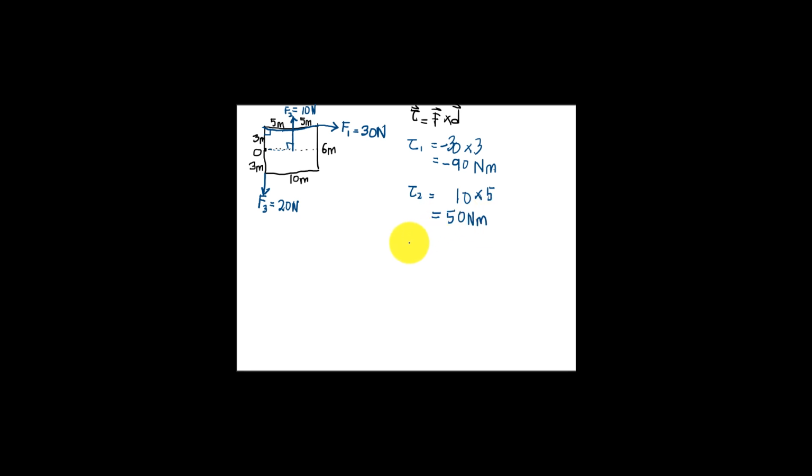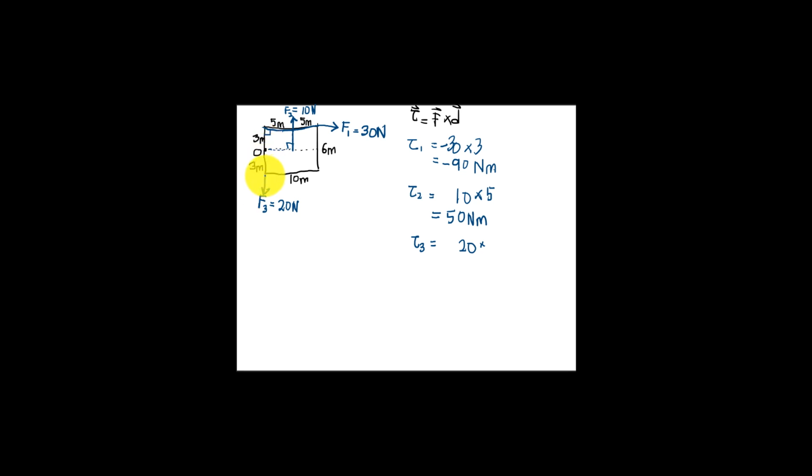Now is the torque from force 3. We call it torque 3. The amount of force is 20. We have to determine the distance from the axis of rotation, right?